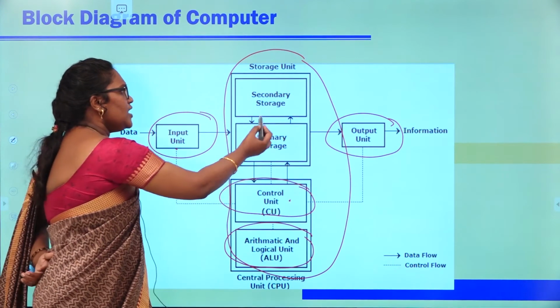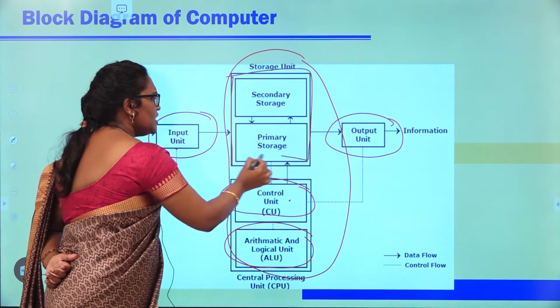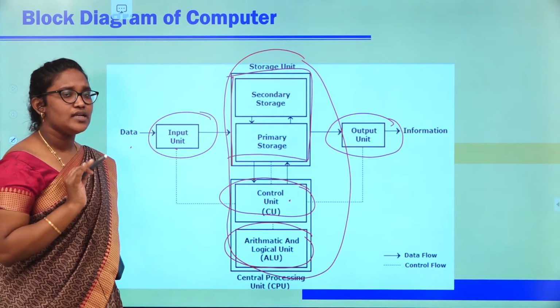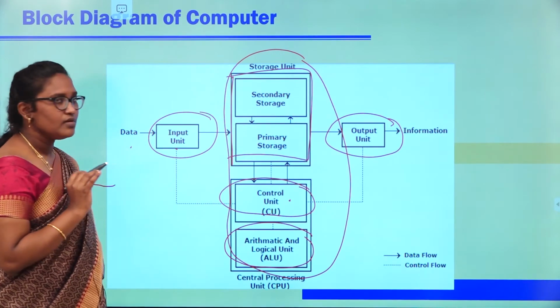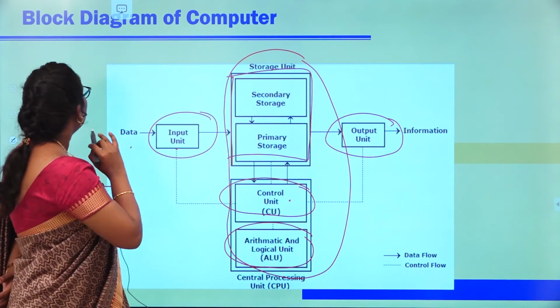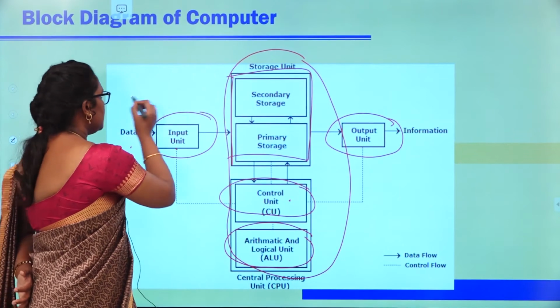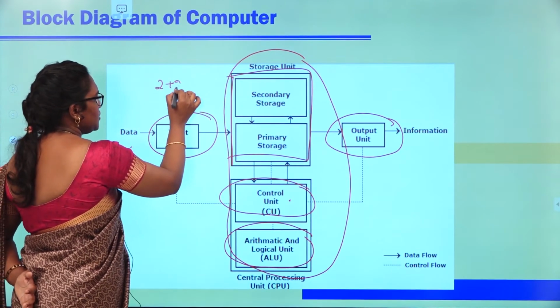Next one, here comes the main important thing, primary storage and secondary storage. If you understand this workflow, you will clearly understand the block diagram of a computer. There is an instruction, 2 plus 2.